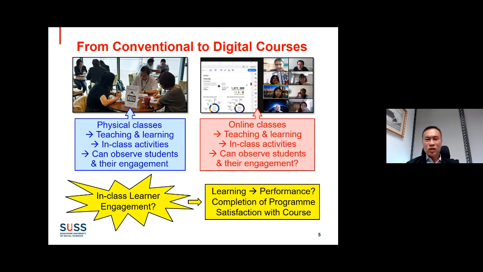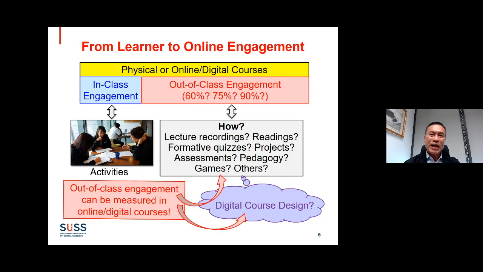Why is this not complete? When we talk about engagement just now, in the sense of observing students in class, observing students in the learning, we are referring mainly to in-class engagement. And the question which I have is this: how about out-of-class engagement? Is out-of-class engagement even more important?